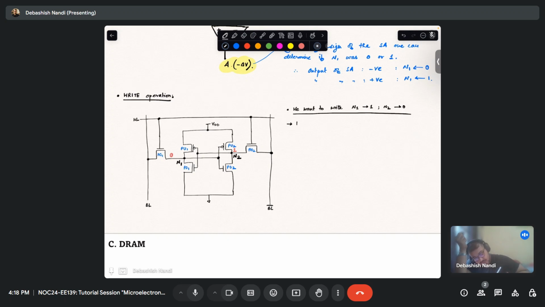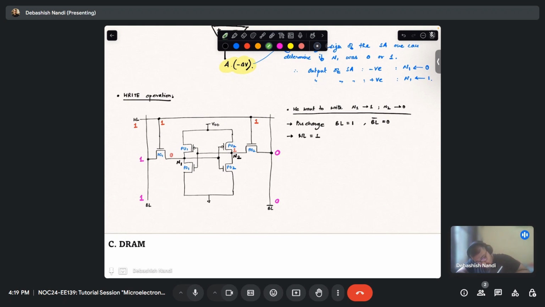so what will you do? Pre-charge BL with 1, BL bar with 0. Okay, so that means what you are doing, you are making it 1, this is making it 0. So this is 1, this is 0. Fine. Set WL to 1, you are setting WL to 1, this is 1, this is 1. So what is happening now?